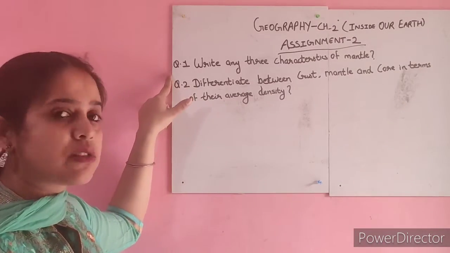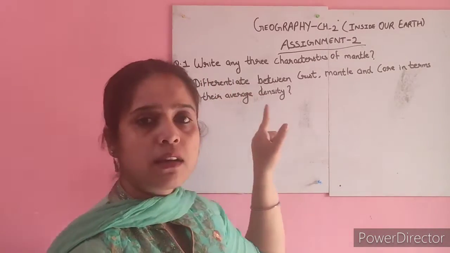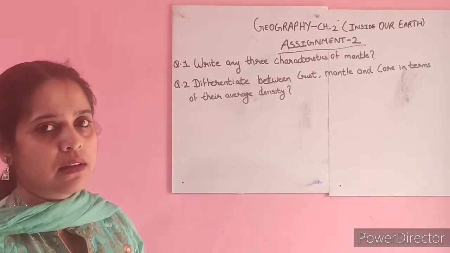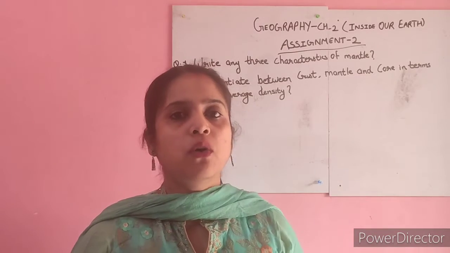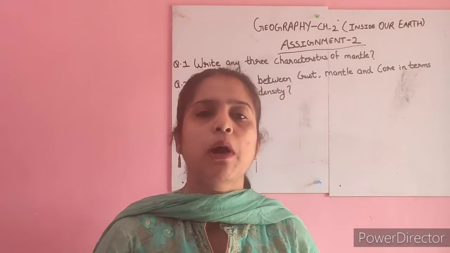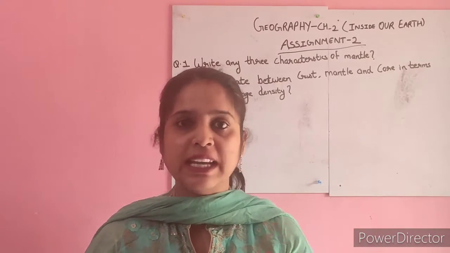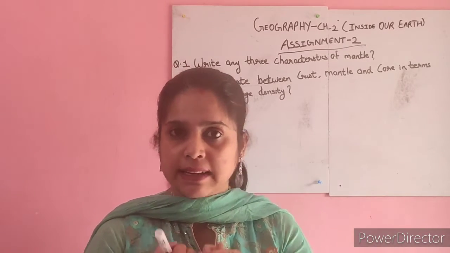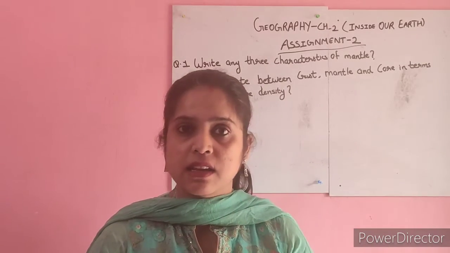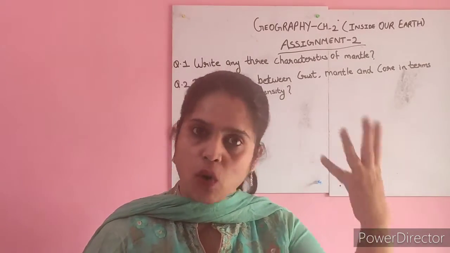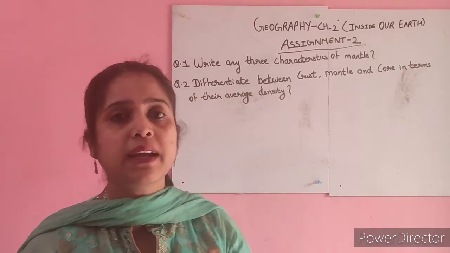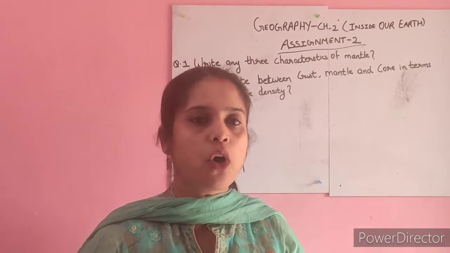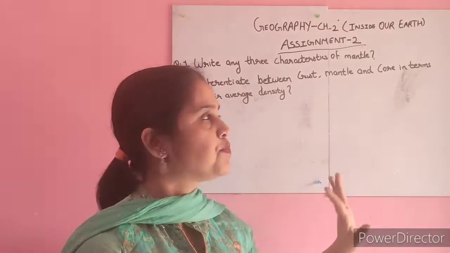Write down the first question: write any 3 characteristics of mantle. I explained to you about mantle, its different features and characteristics, like what it is also known as, where it lies, what the average density is, all these things. So you have to write only 3 out of those. Please refer to this video and do this answer.